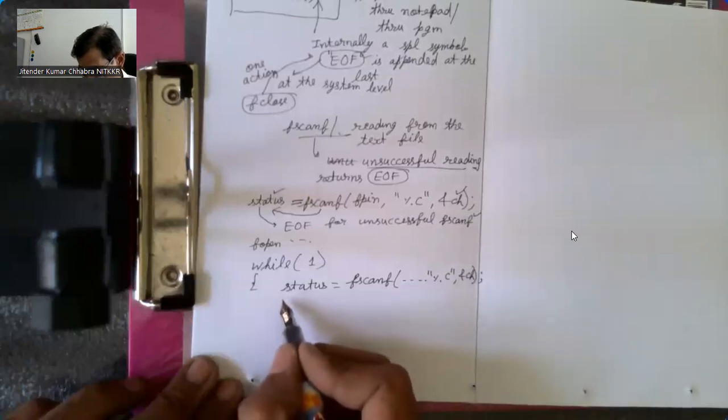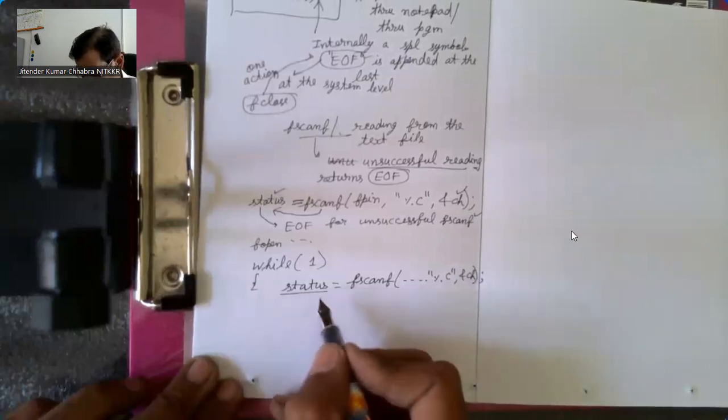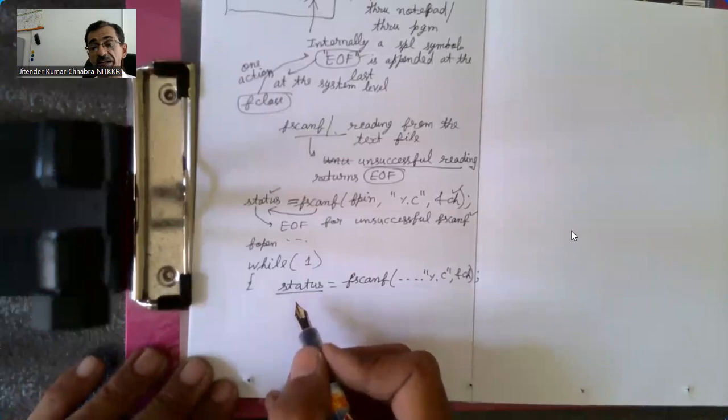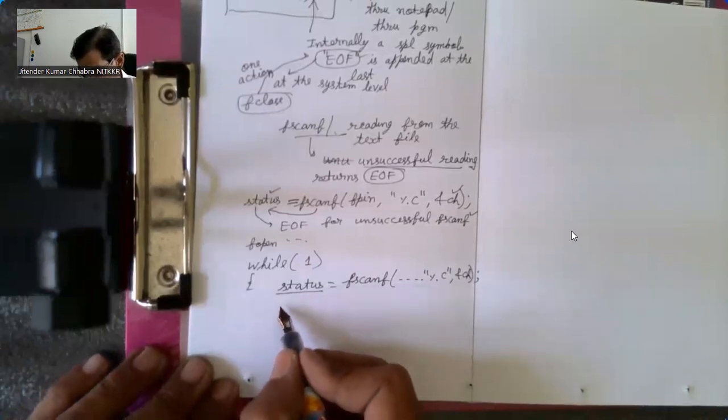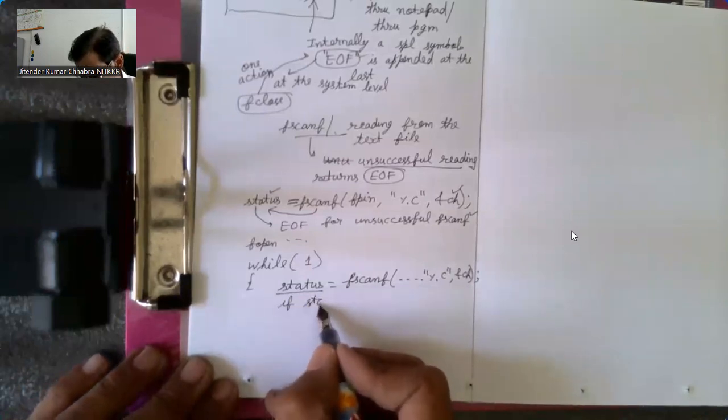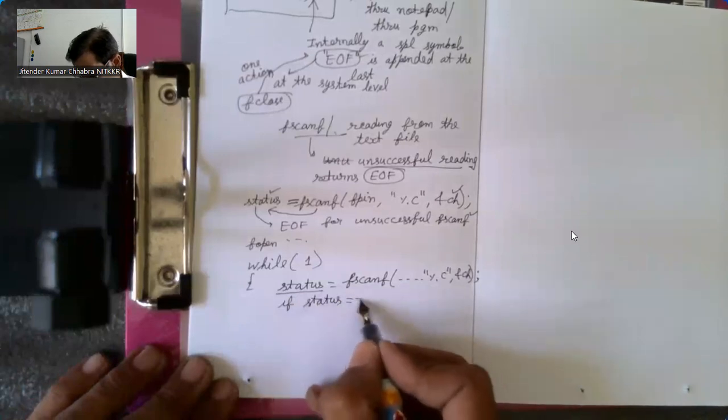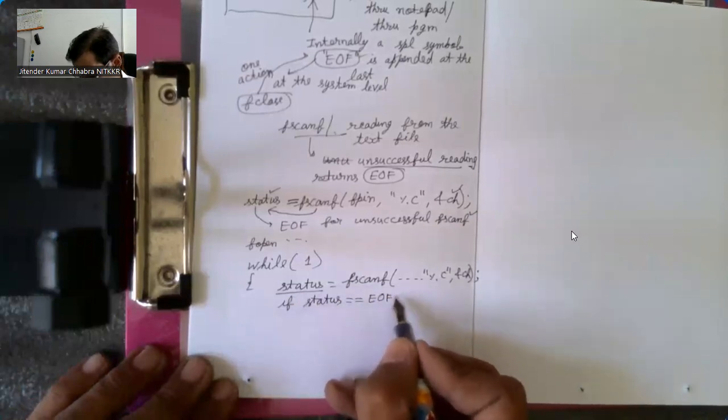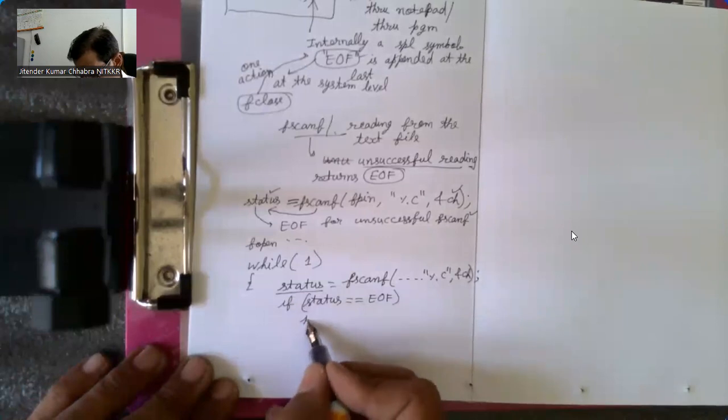But if the status was unsuccessful, terminate the loop. Otherwise, only then will you store. So I will say if status is equal to EOF, I will break out of the loop.